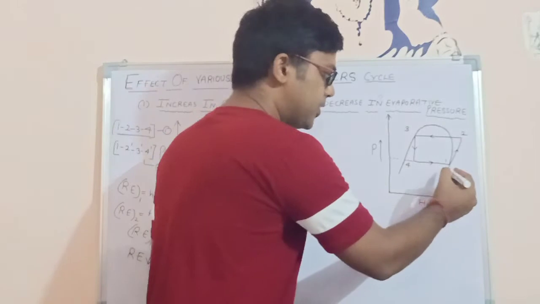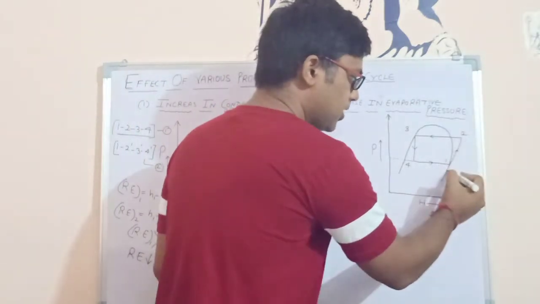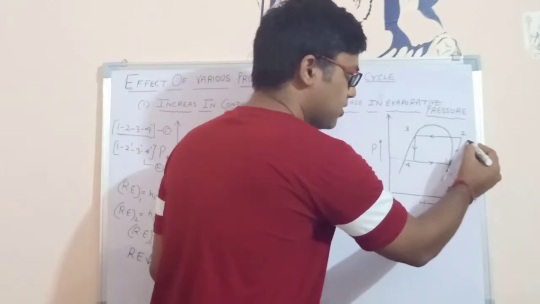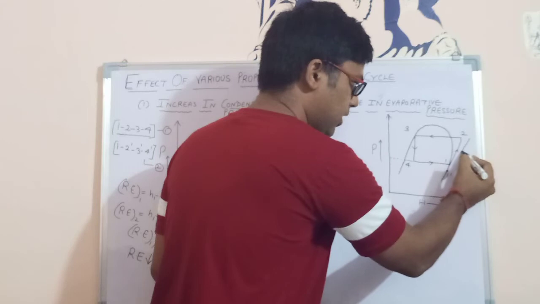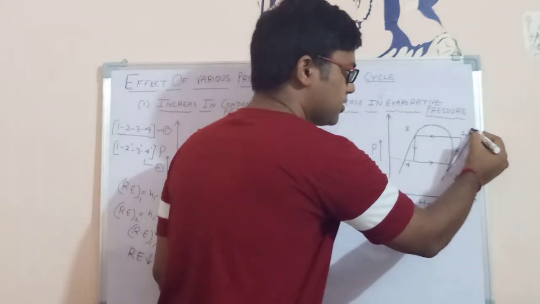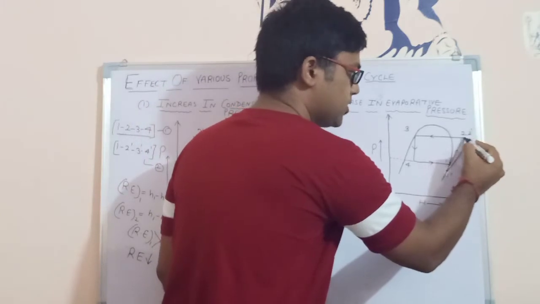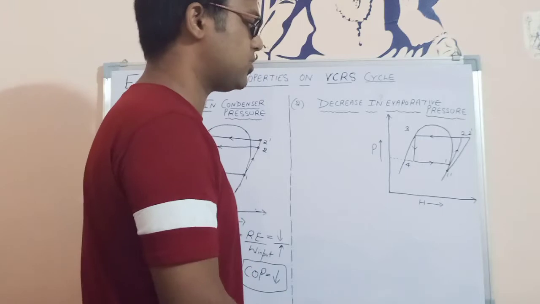Clear? Now if I have to decrease it, what is going to be the value of this? If this is decreased, that is how the work input will look like. Now this is called 2 dash. Then from 2 dash to 3 will remain the same. 3 to 4 will remain also the same.